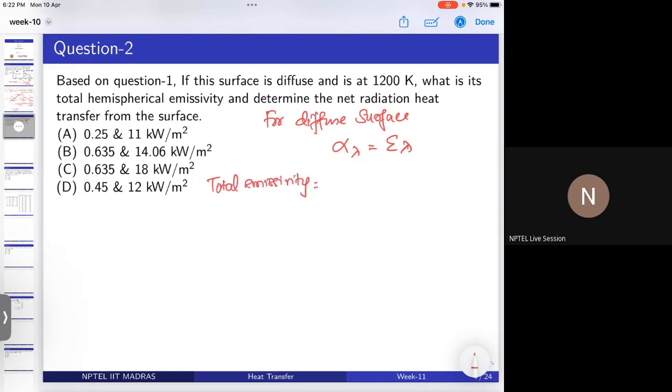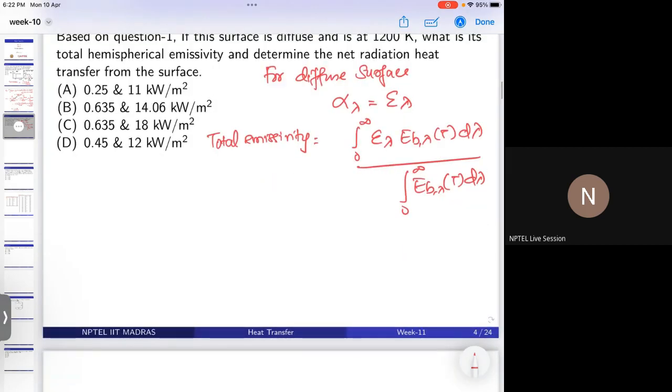Total emissivity is integral 0 to infinity epsilon lambda E_b lambda at that particular temperature d lambda, divided by integral 0 to infinity E_b lambda d lambda. Okay. So this is simply the black body emissive power E_b at that particular temperature.